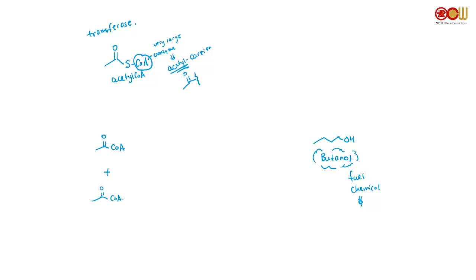You take 2 acetyl-CoA and you make this thing called acetoacetyl-CoA, plus coenzyme A. This thing is called acetyl-CoA acetyl transferase.